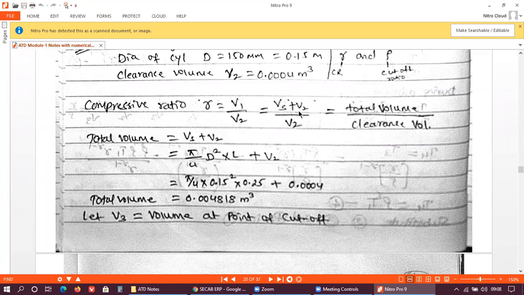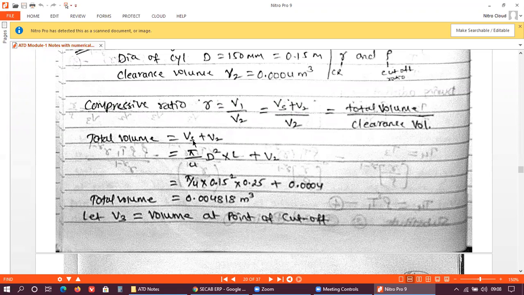First we need to calculate the total volume, which is the sum of Vs plus V2, or V1. So V1 is equal to Vs plus V2.